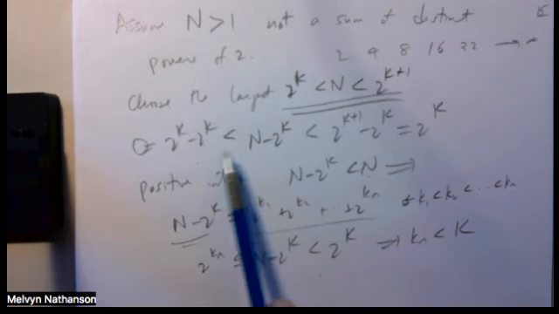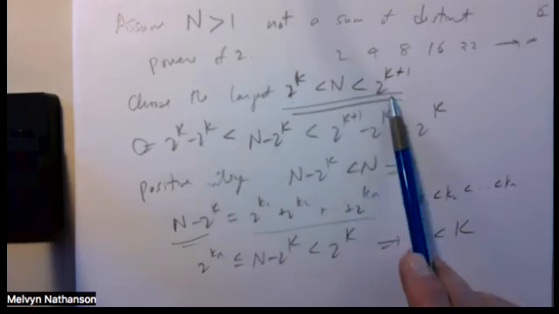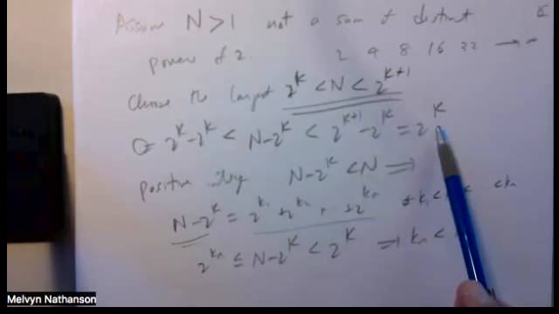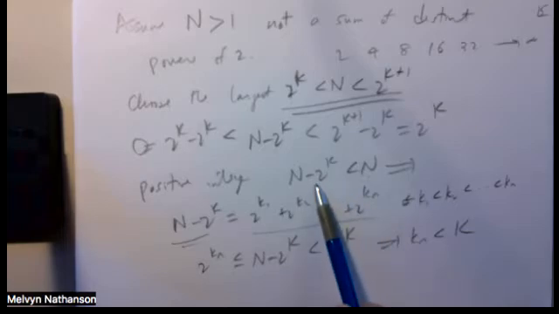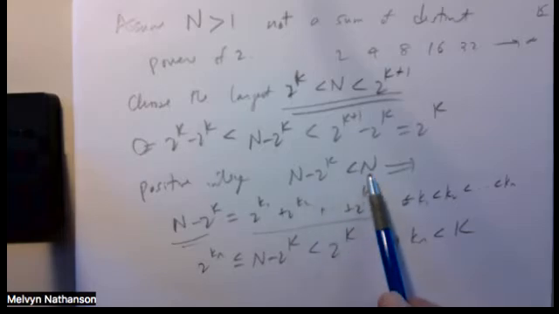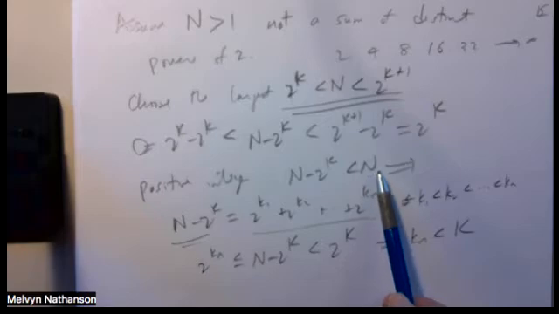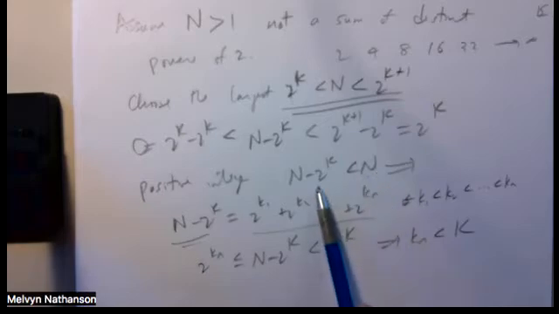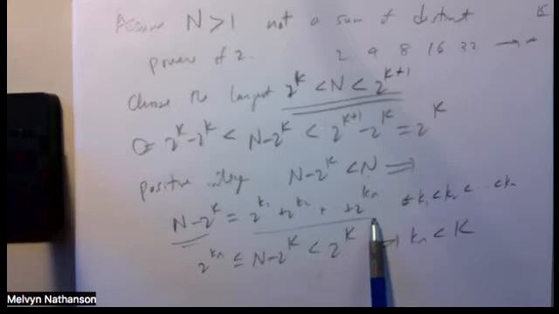If I subtract 2 to the K, I get N minus 2 to the K, which is bigger than 0 and less than 2 to the K plus 1 minus 2 to the K, which is 2 to the K. So this N minus 2 to the K is a positive integer less than N, so it is a sum of powers of 2. They're distinct powers of 2, and I can write the exponents in increasing order. The largest, 2 to the K sub R, is at most this number, which is less than 2 to the K. So K sub R is less than K.